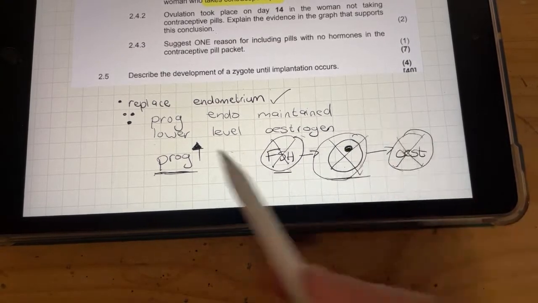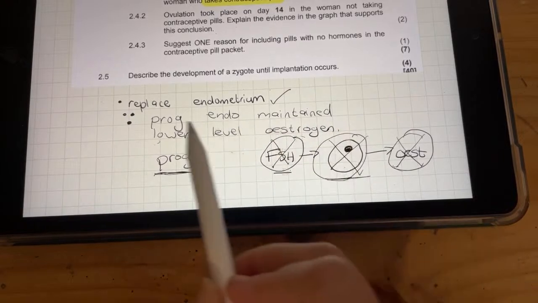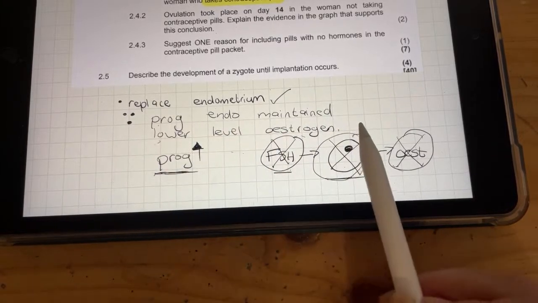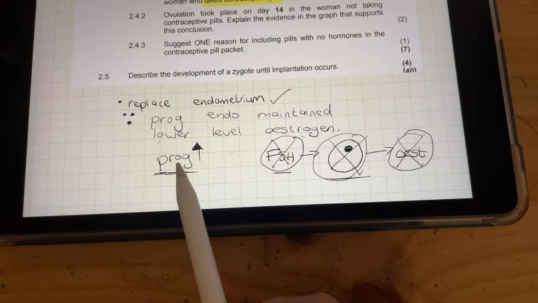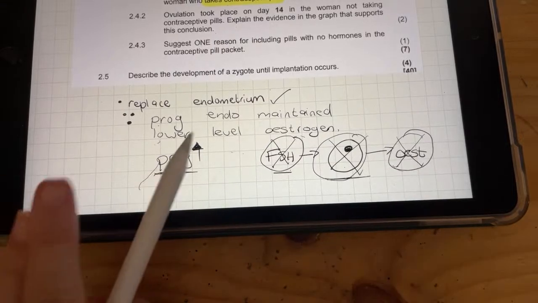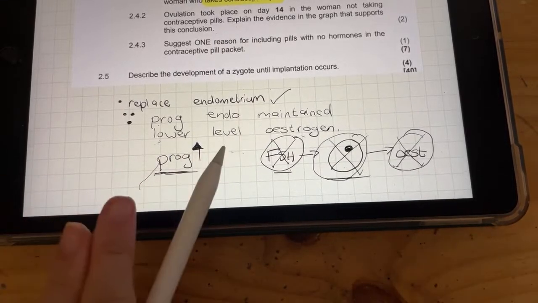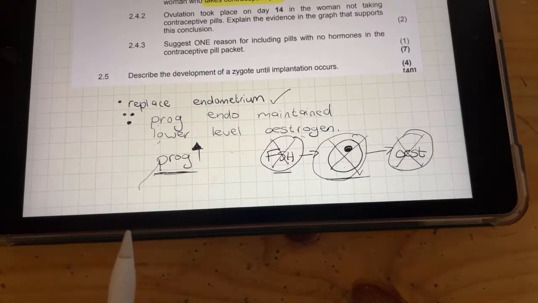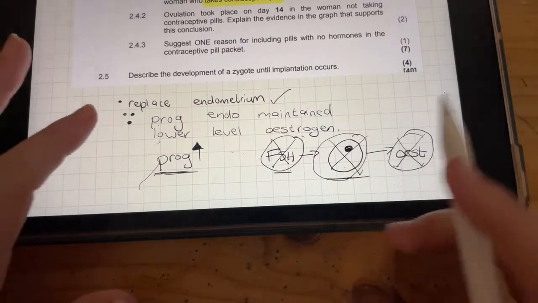And therefore, we have a lower level of estrogen and we maintain our progesterone level. Even though progesterone and estrogen are hormones that work together with one another, they ultimately do sit on a balance scale. In other words, you can't have too much or too little of a substance.